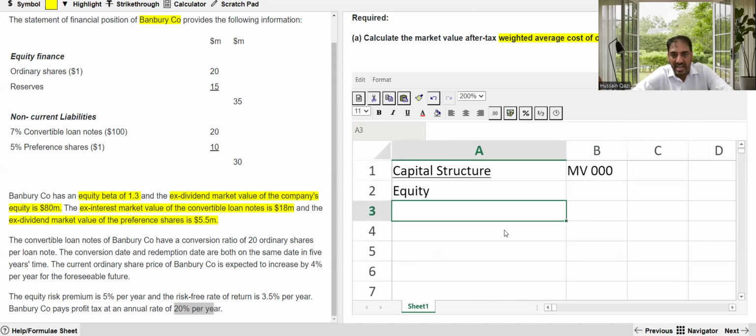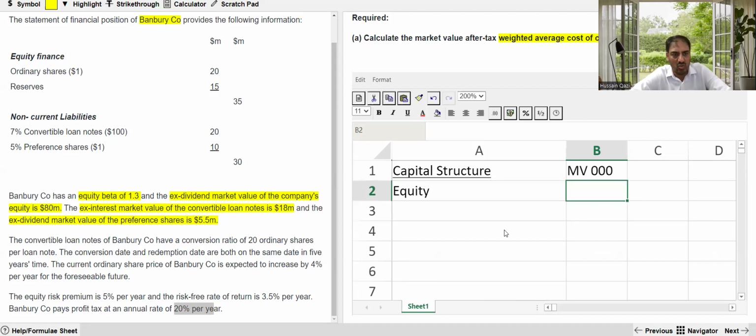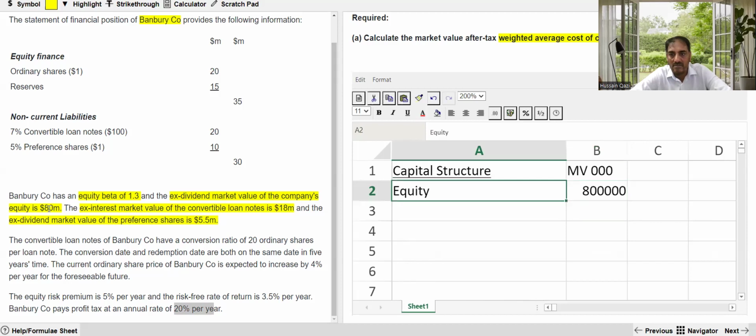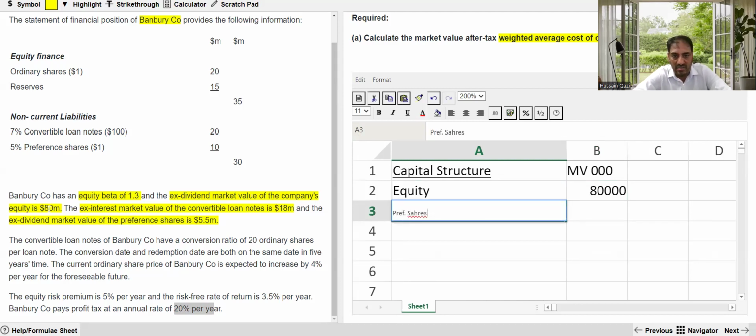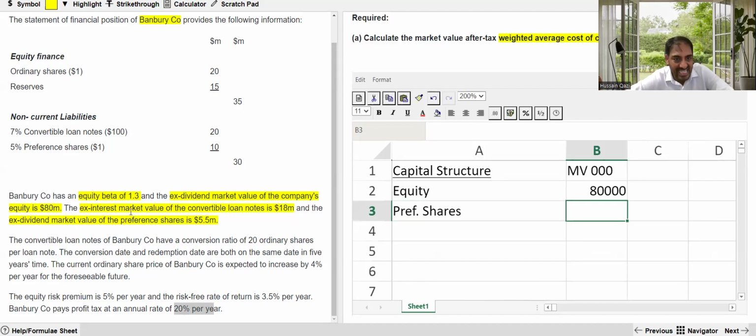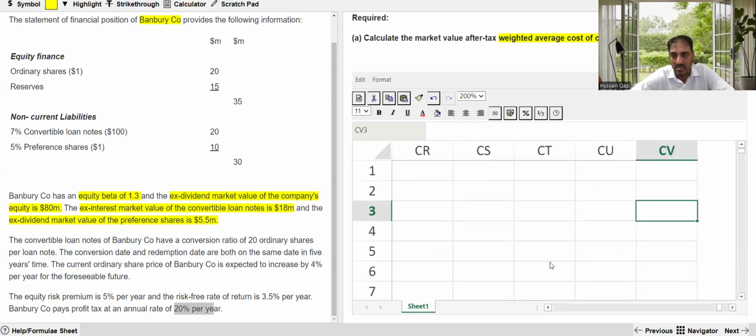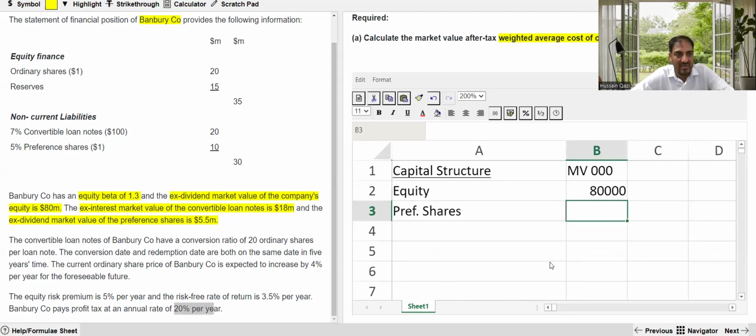Number one, equity. Equity market value is given in the question, that's equals to 80 million, that's equals to 80,000. Then the preference shares, very easy marks. Preference shares total value, that's 10 million. Or you can calculate the convertible loan notes, no issue at all. 5.5, that's 5,500.